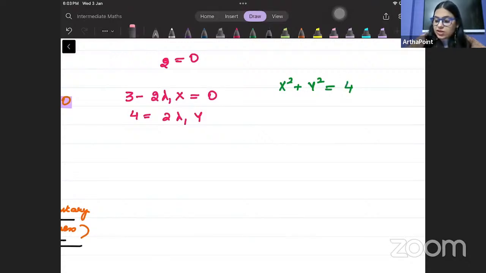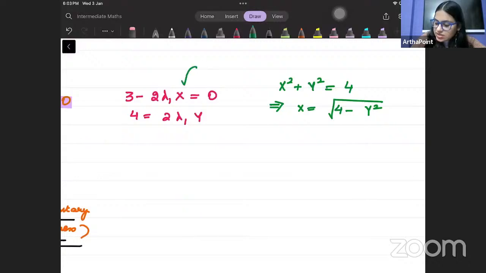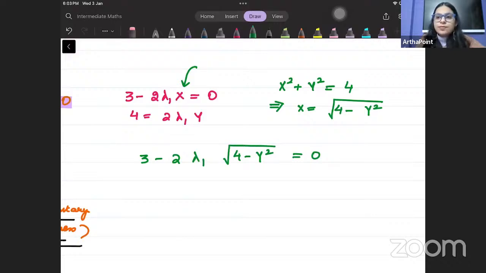So from here I will get that x will be the square root of 4 minus y square. And I will plug this x here. So I will get 3 minus 2 lambda 1 into the square root of 4 minus y square is equal to 0.